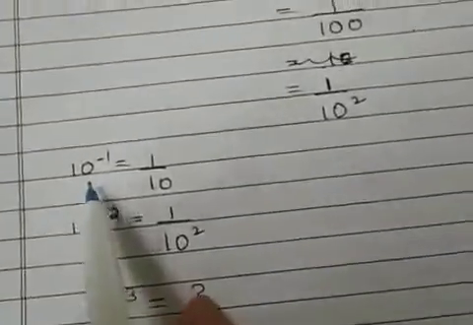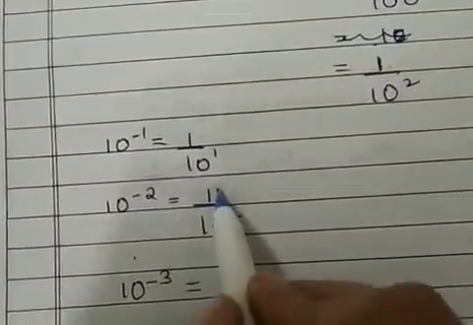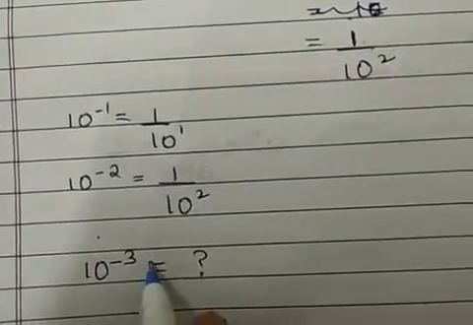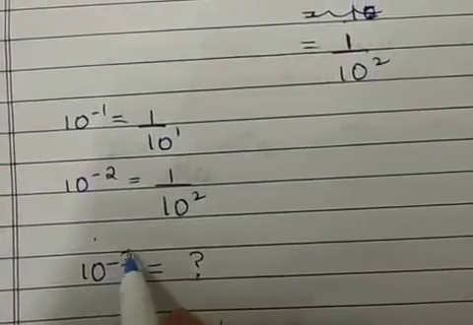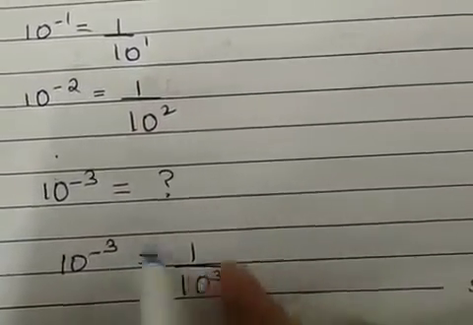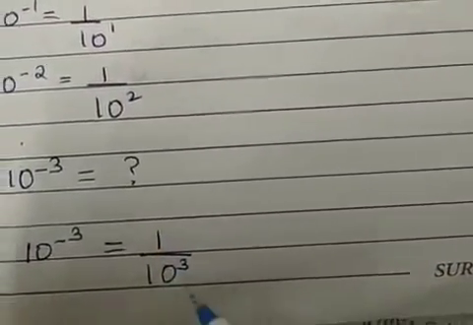So you have seen 10 raised to minus 1 is 1 upon 10 raised to 1. 10 raised to minus 2 is 1 upon 10 squared. What will be 10 raised to minus 3 then? 10 raised to minus 3 will be 1 upon 10 raised to 3. So when you have negative exponents, you write it in the form of positive exponents by taking the reciprocal.